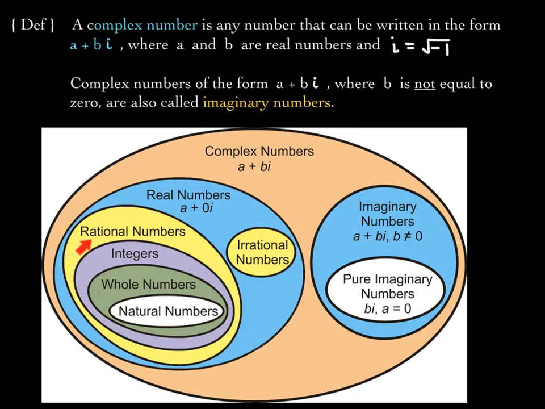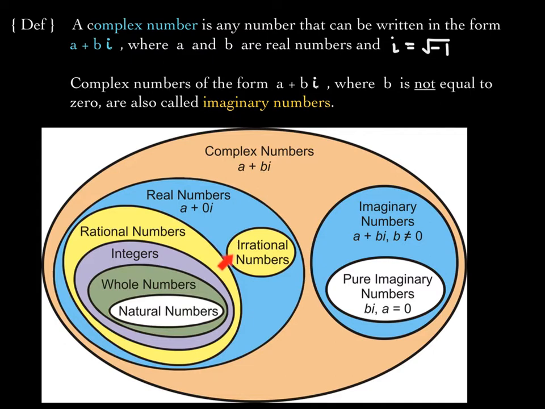Now, if a number cannot be written as a fraction with integers as the numerator and the denominator, then you're talking about an irrational number. And an irrational number is a decimal that never stops and never repeats in a pattern. Some popular irrational numbers are like pi. The number pi is an irrational number.